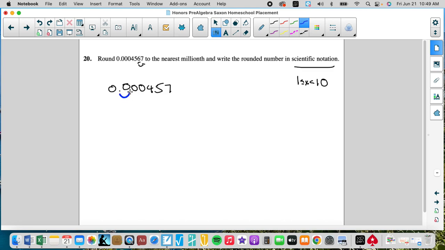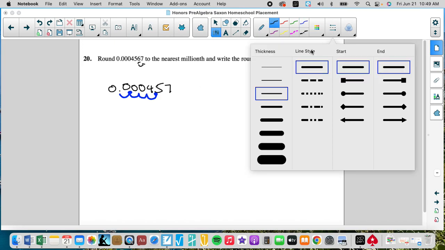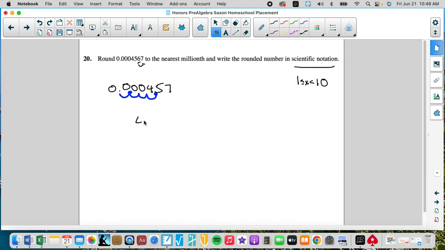Nope. I move it one place. If I put the decimal point there, would it be between 1 and 10? Nope. Is the number between 1 and 10 now? Nope. How about now? Nope, that's 0.4. How about now? Yeah, 4.57. That's between 1 and 10. So there's my number. So my number is going to be 4.57.